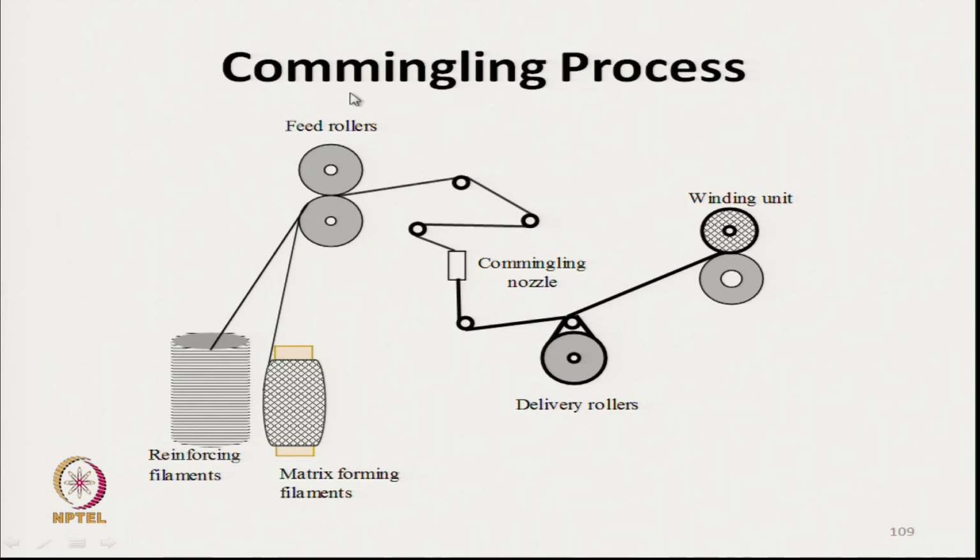So, this is the commingling process where this is the reinforcing filament, and this is the matrix filament, and this is the air jet nozzle where these are mingled together, and in commingling these filaments have to be multi-filament, so that proper mingling takes place. After that we can wind, and this commingled yarn we can use for converting to fabric or other structure.